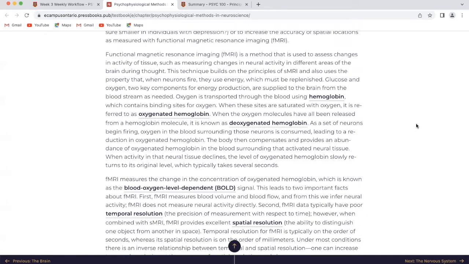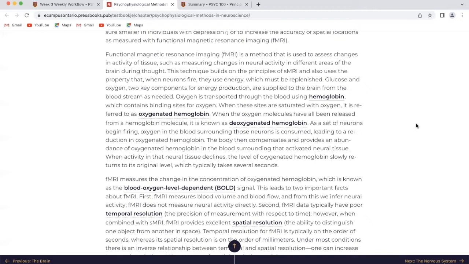Oxygen is transported through the blood using hemoglobin, which contains binding sites for oxygen. When these sites are saturated with oxygen, it is referred to as oxygenated hemoglobin. When the oxygen molecules have all been released from a hemoglobin molecule, it is known as deoxygenated hemoglobin.